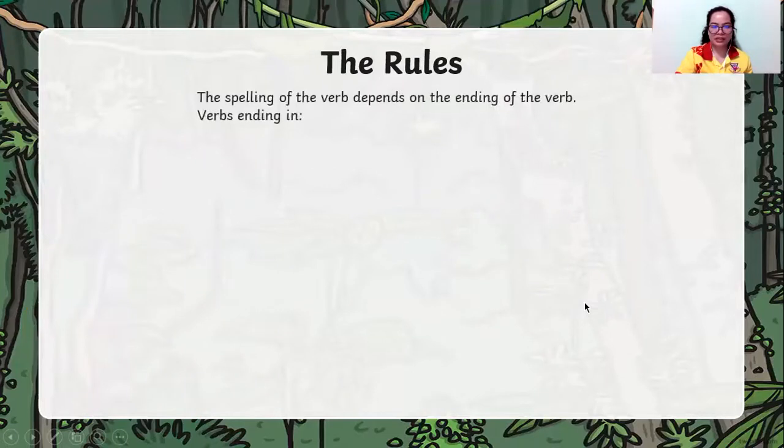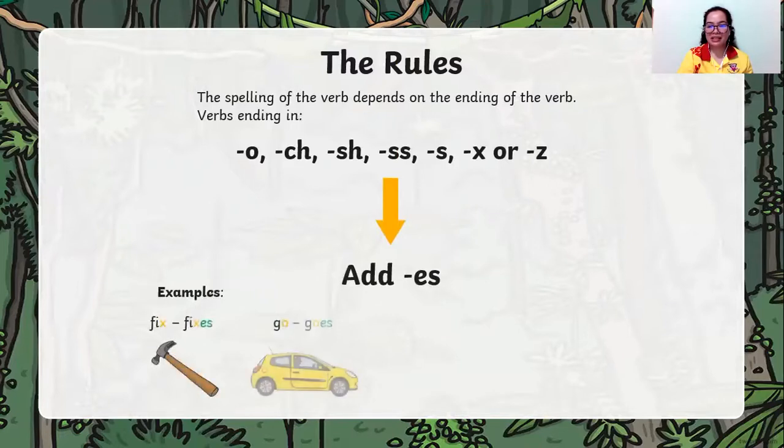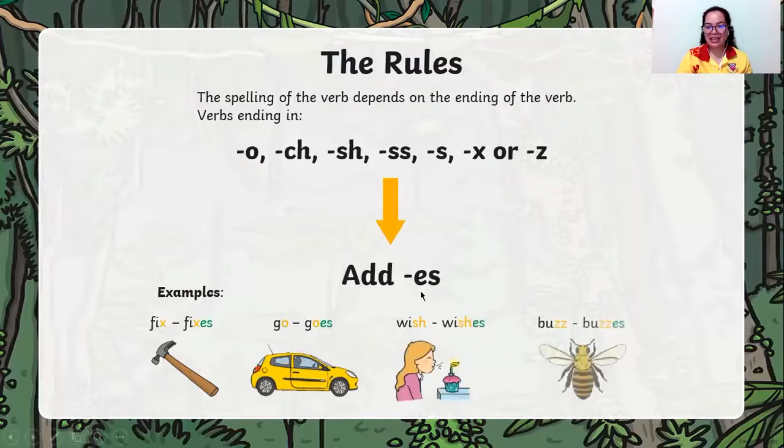Next, the spelling of the verb depends on the ending of the verb. Verbs ending in O, CH, SH, SS, S, X, or Z, therefore add ES. Okay, so this is the first rule.